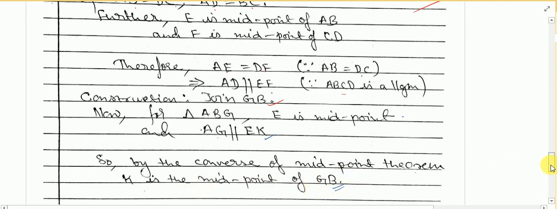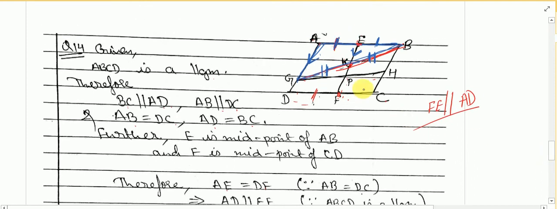Just now I explained. Okay, and now what I will do next, I will consider this triangle. Next we will consider this triangle. For this triangle, clearly you can see that K is the midpoint of GB, and this KP is parallel to BH.